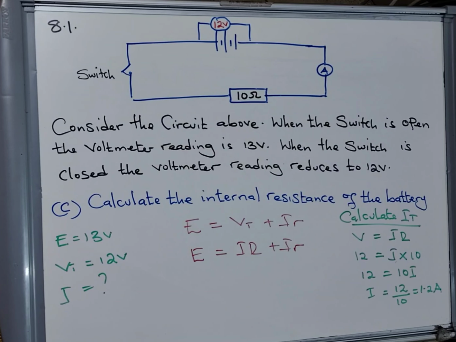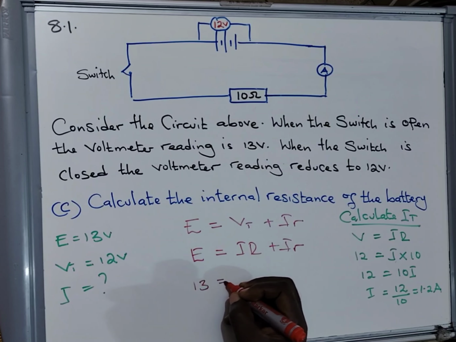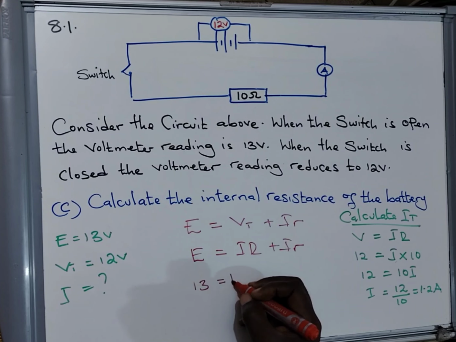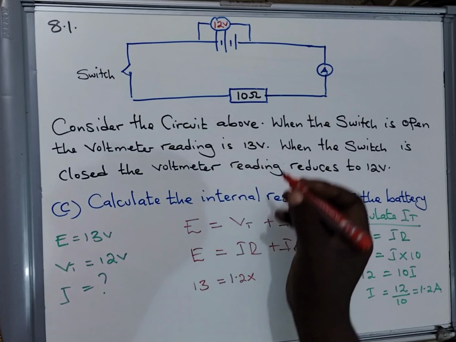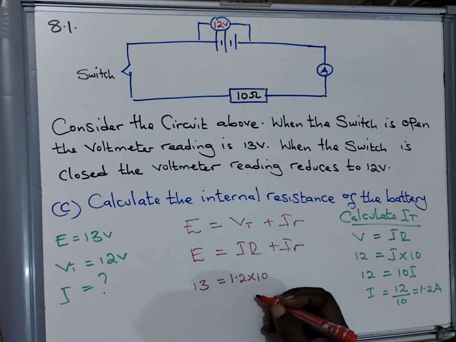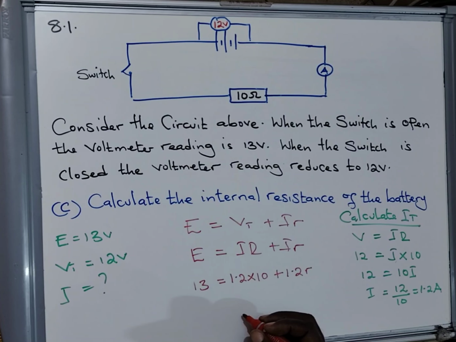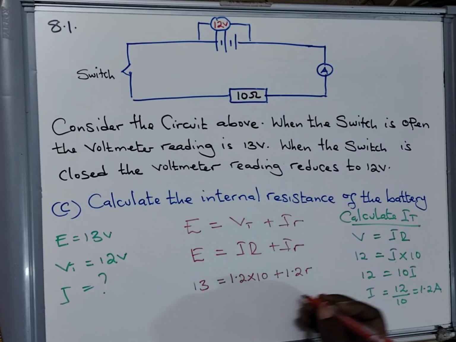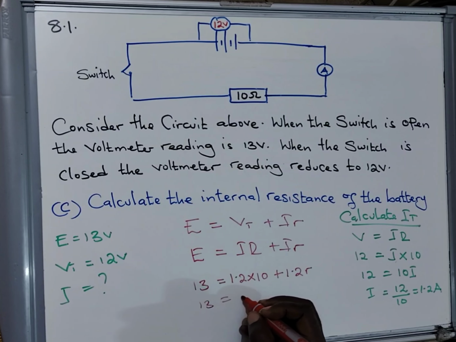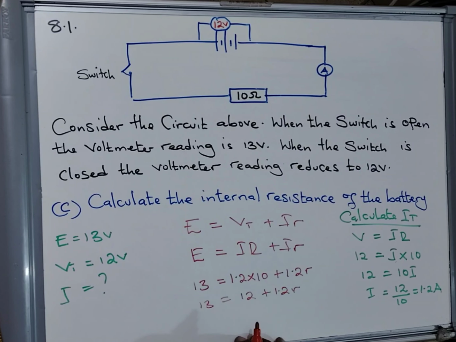So having the current, now we can substitute. Remember, EMF is 13. I is 1.2 times the resistance, which is 10, plus I, which is 1.2, times r. And we have 13 equals 12 plus 1.2r. Next step is to collect like terms.